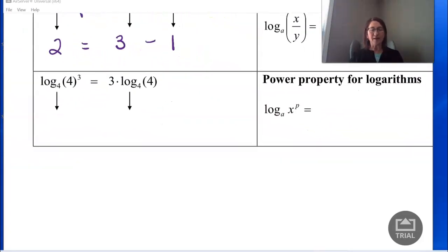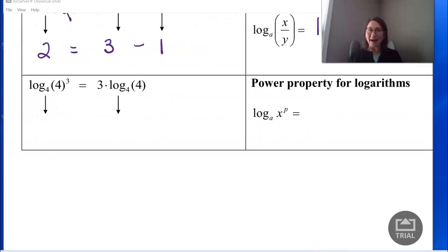Last one. This is called the power property for logs. So applying my properties of logs, when the base of my log and the base of the exponent are the same, that's equal to that exponent, 3. Okay?